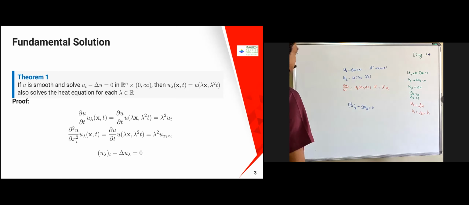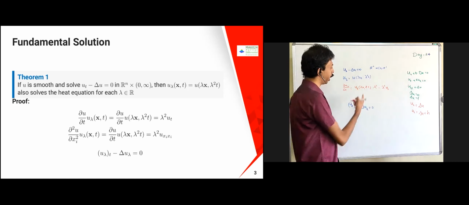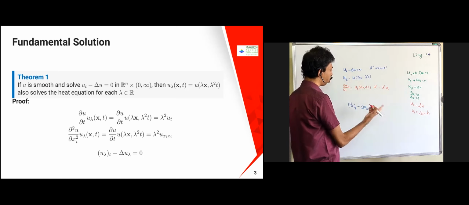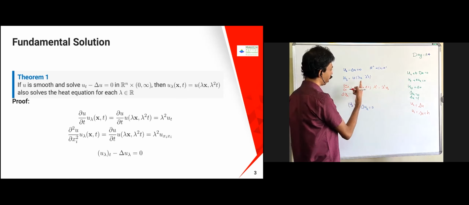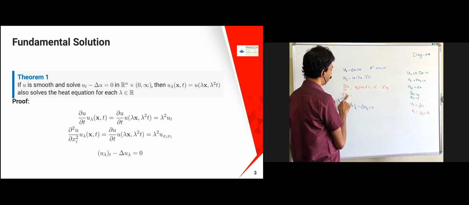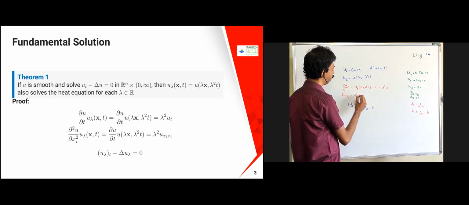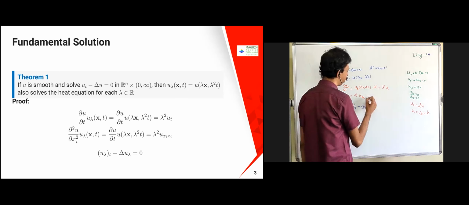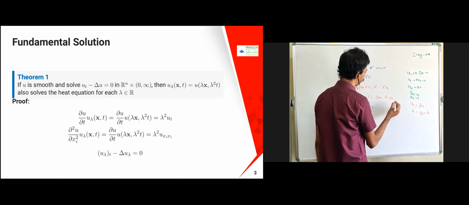Next, if I define u_{x_i}, I get one λ outside, so for the second derivative another λ comes, and u_{x_i x_i} becomes λ² u_{x_i x_i}. Therefore, if I take the summation, I get Δu_λ equal to λ² Δu.